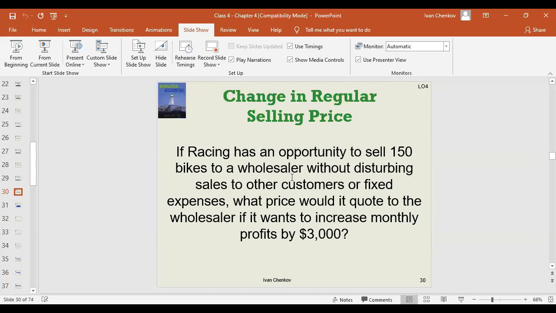The question we should ask ourselves is, how much contribution margin does one bike give me? $200. So if everything stays the same, how much contribution margin should I get from these 150 bikes?